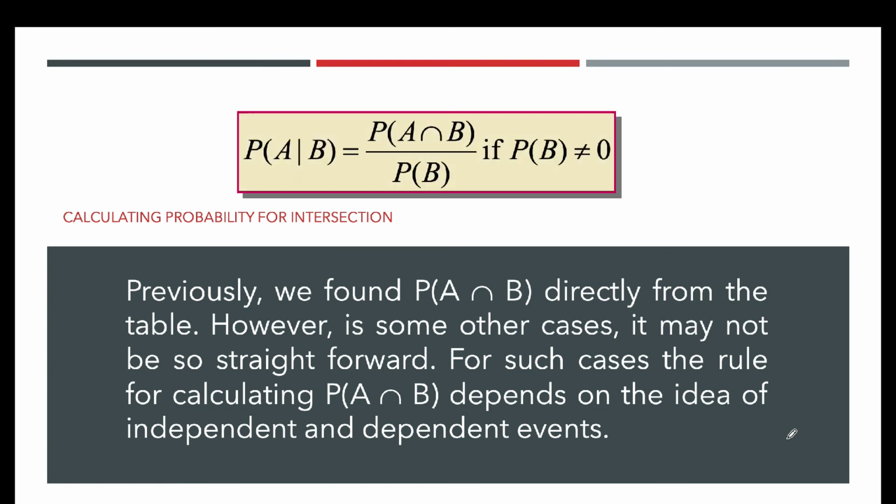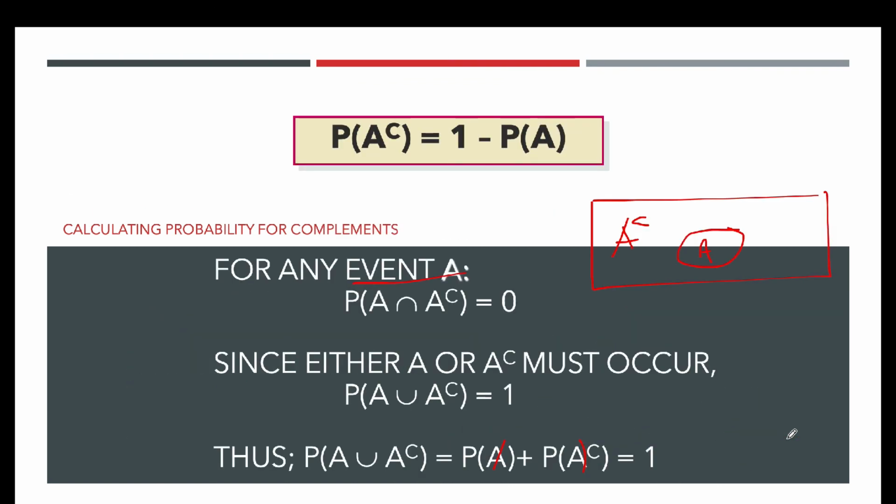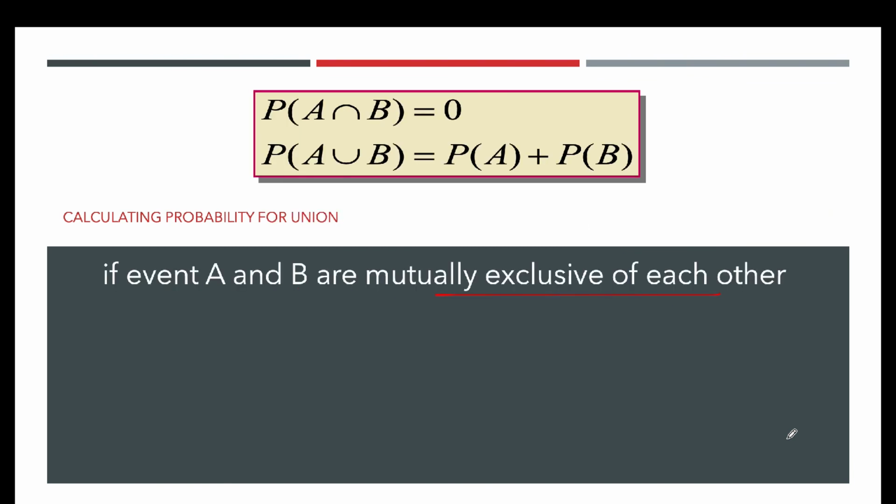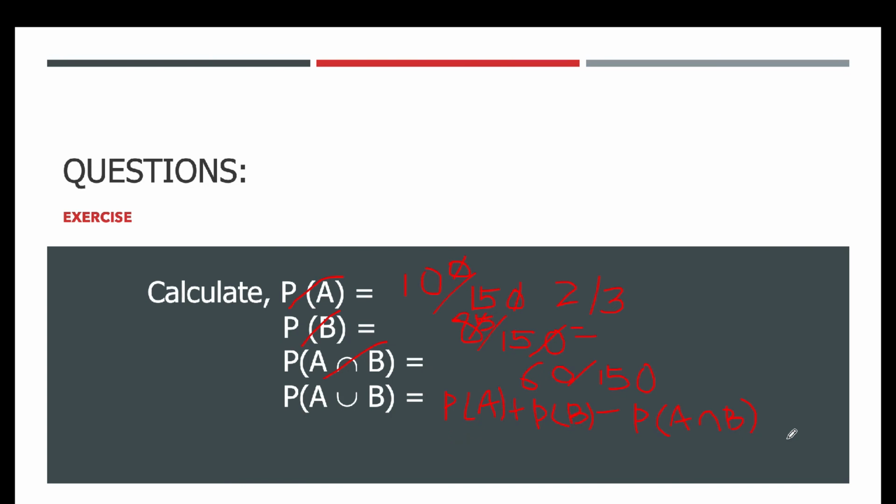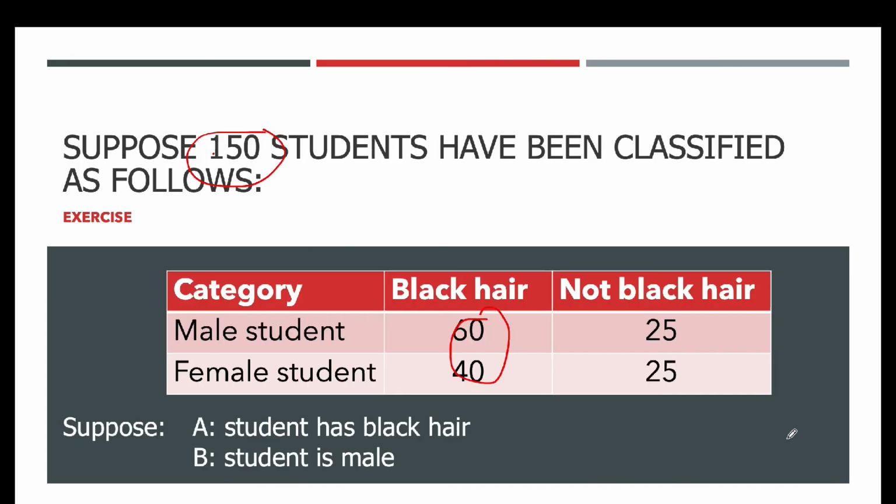Let's move on to calculating the probability for intersections. Previously we found the probability for A and B, meaning the intersection of A and B, directly from the table, like in the exercise before, where we can simply get the value from the table, which is 60 per 150.